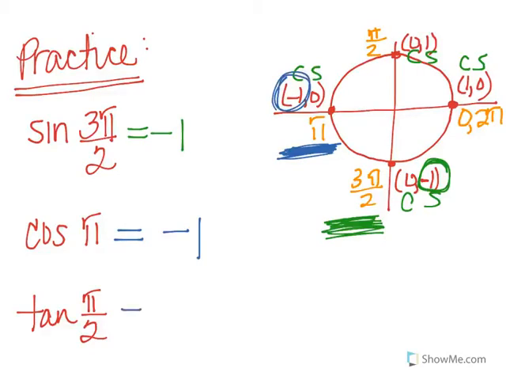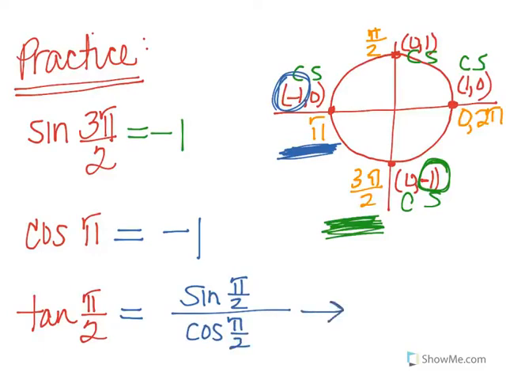Now tangent. So tangent is not directly visible on the unit circle. We have to understand that tangent has that very important conversion formula. The tangent of pi over 2 is equivalent to the sine of pi over 2 all over the cosine of pi over 2. So let's check it out.